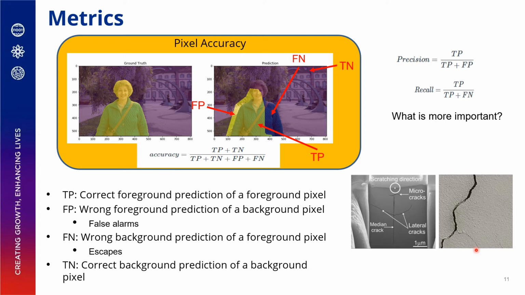If you miss a couple of cracks here and there, it's fine, but what they really want is that whatever images we are giving them do indeed contain cracks. So in that problem setting, we want as high precision as possible with a reasonably high recall.